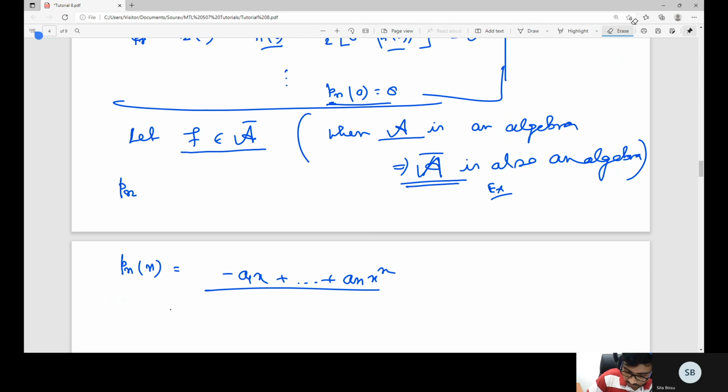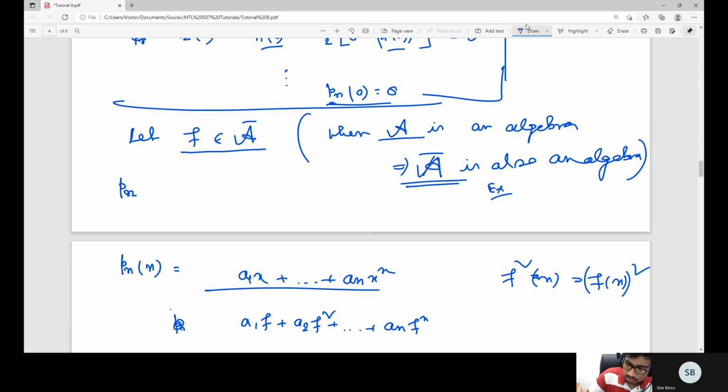Now if we consider this function, a1 f + a2 f^2 + up to + a_n f^n, here f^2 means f(x) squared, okay?